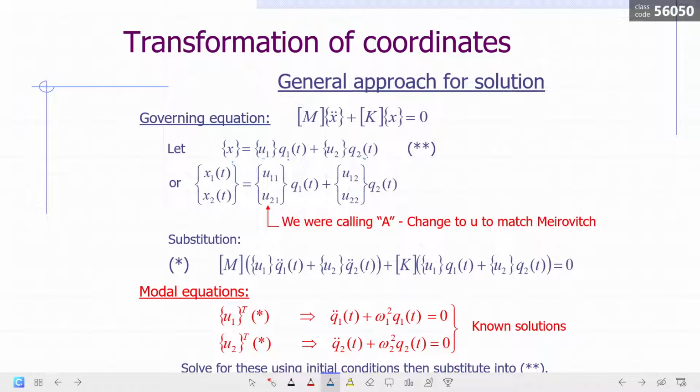Because u1 and u2 are vectors, we can also write it like this: u1 and u2 times q1 and q2. So we transform from h1 and h2 to q1 and q2.